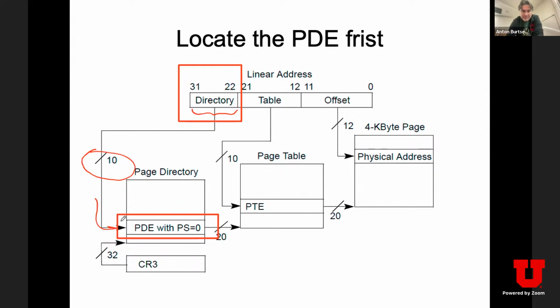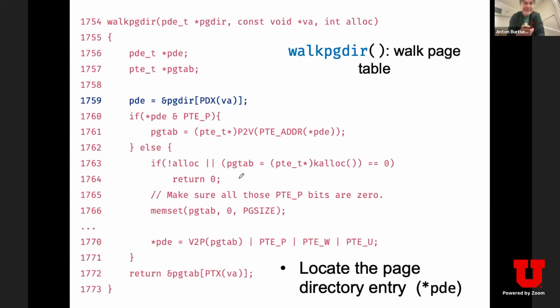And then the next 10 bits provide an index into this one. That's exactly what this function walk page directory is doing. I'm spending time because I will ask you to write a similar function as a homework, so let's take a look at those details.